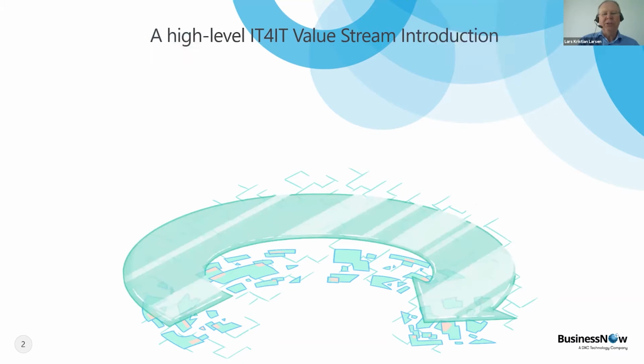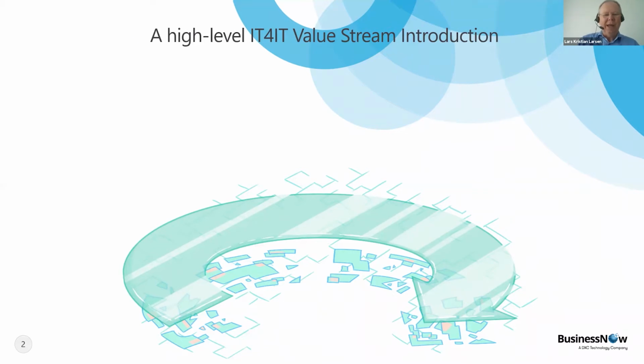The value stream introduction is that we have an environment in IT that often is a situation with scattered tools, scattered processes, things we do because we have always done it, things we are doing because someone told us to do it, and so on.